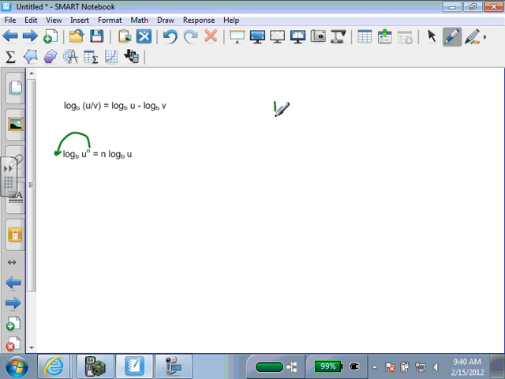I've run this through some problems like log base 7 of 7 to the 5th. It's like, well, what would that be? And when we did this, we said, well, that's x, and so 7 to the x is 7 to the 5th, so x must be 5.